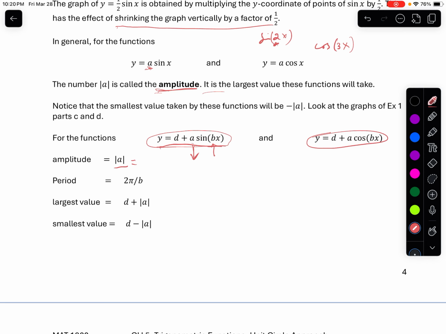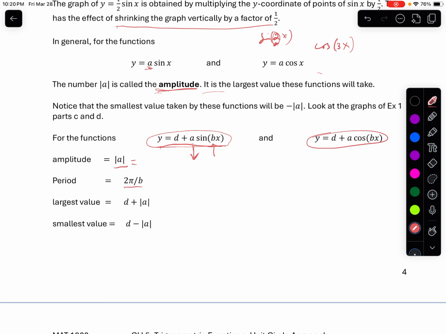Remember we talked about that the period of the sine and cosine functions is 2 pi. If you have some quantity being multiplied with x, then the period changes, and the new period you can find by this formula: the period is 2 pi over b. Now the largest value will be equal to d plus the absolute value of A, or d plus the amplitude, and the smallest value will be d minus the amplitude.